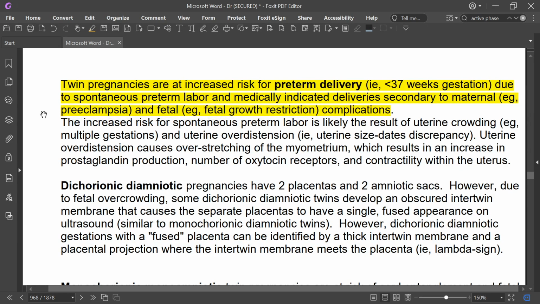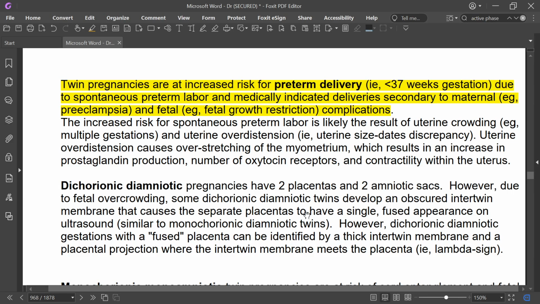Uterine overdistension causes overstretching of the myometrium, which results in an increase in prostaglandin production, number of oxytocin receptors, and contractility within the uterus. Dichorionic diamniotic pregnancy has two placentas, two amniotic sacs. However, due to fetal overcrowding, some dichorionic diamniotic twins develop an obscured intertwin membrane that causes the separate placentas to have a single fused appearance on ultrasound.